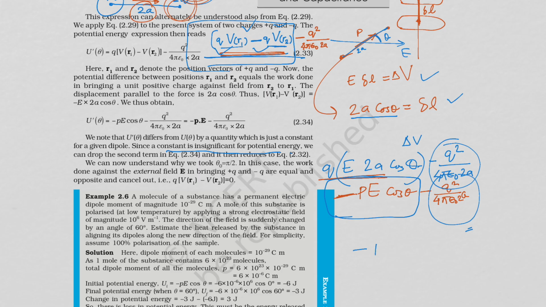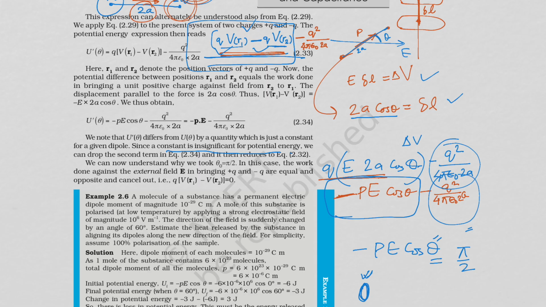Now you can see that minus PE cos theta is there. And to make cos theta 0, that is our initial position of the dipole, and that theta we are taking to be pi by 2, because cos pi by 2 will be 0. So in the beginning, the potential energy should be 0, and when the external field is applied, or the dipole is brought into the external field, there should be some potential development.